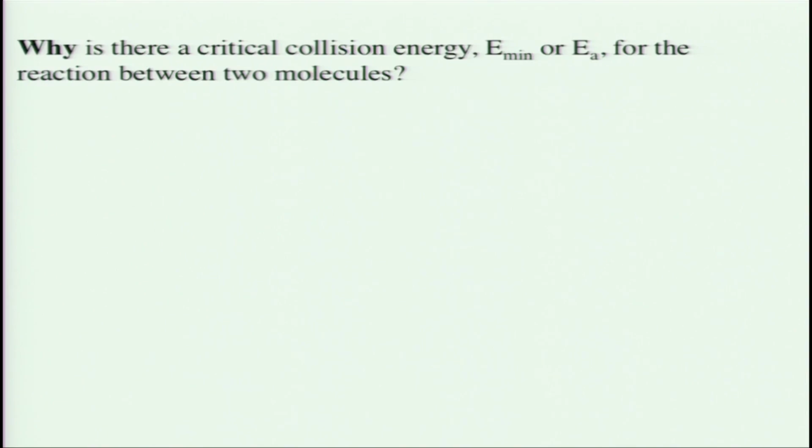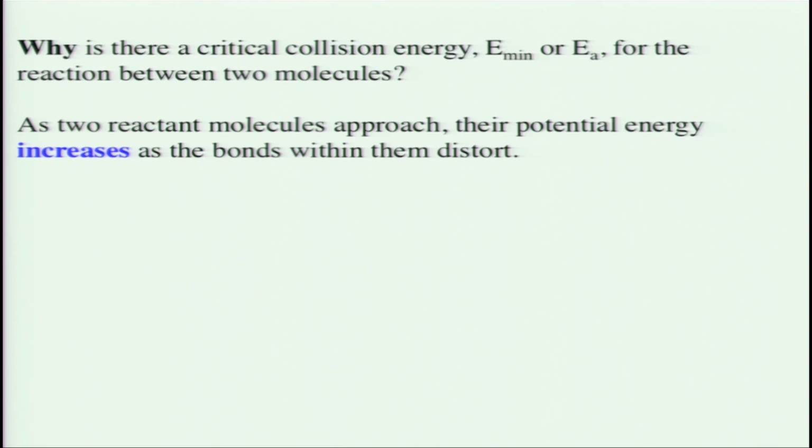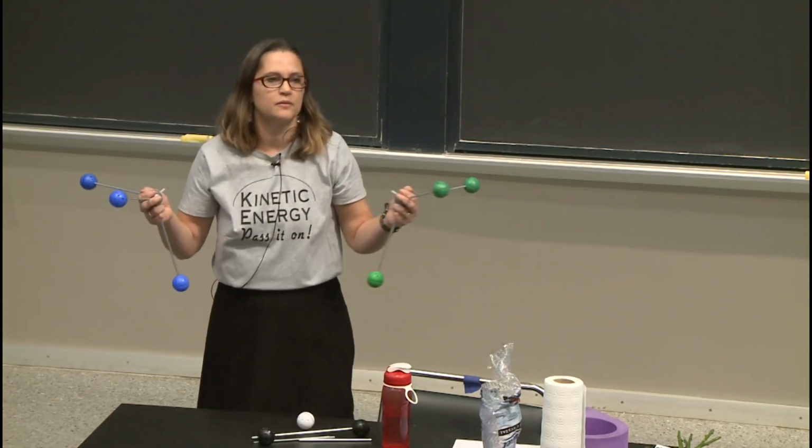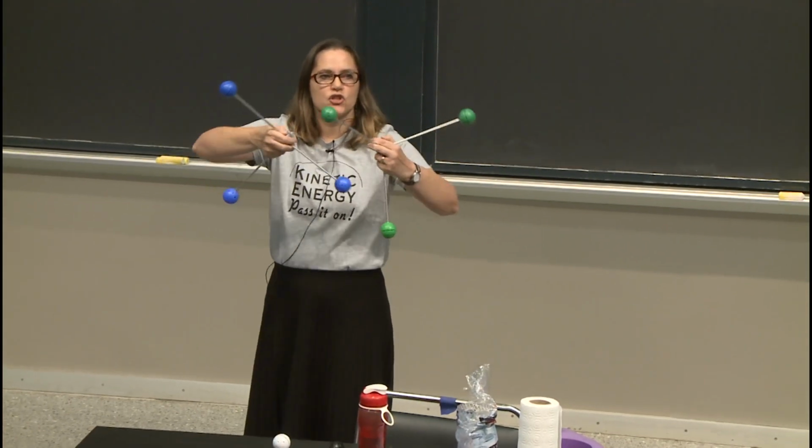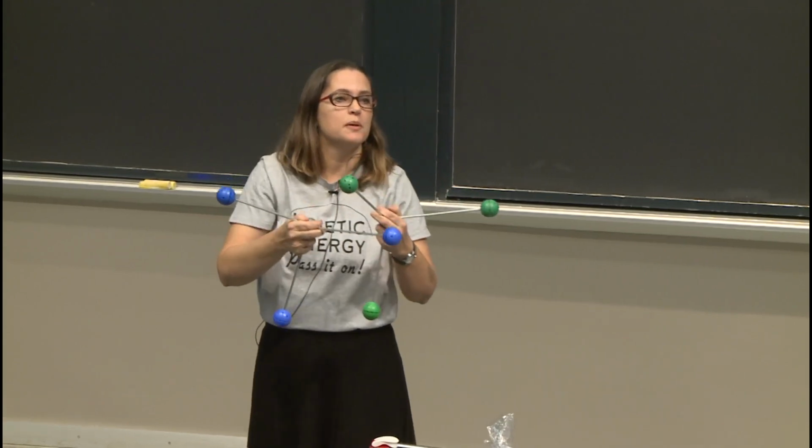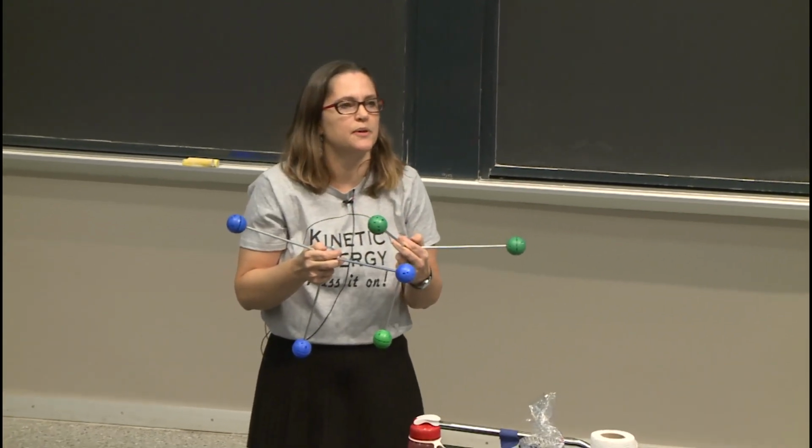So why is this true? You need to have that critical energy, but why is this necessary? It's necessary because before this reaction takes place, even if it's a very happy reaction, things need to occur. The two things coming together often need to distort. Bonds might have to be broken, and new bonds need to be formed.